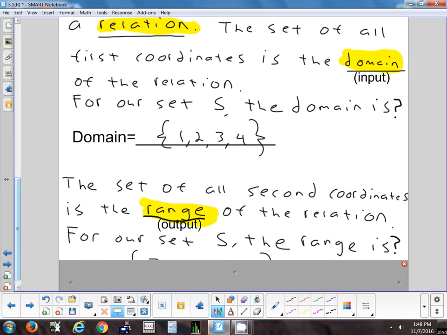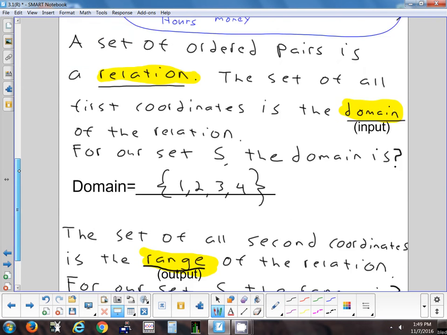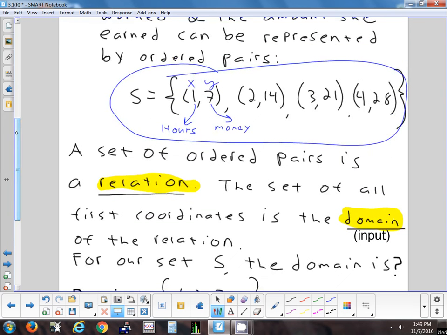Now I want to do the same thing we just did up above. I want to look back at what I circled. Looking at this relation, can anybody give me all the values in the range? Shannon? 7, 14, 21, and 28. Yep, these are the values in the range. They are what we call the Y values, or the outputs.